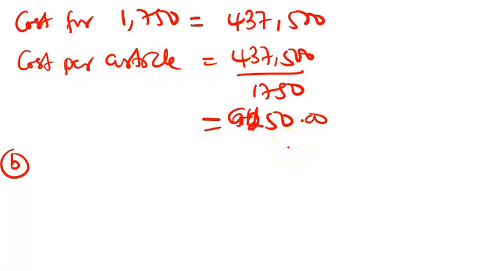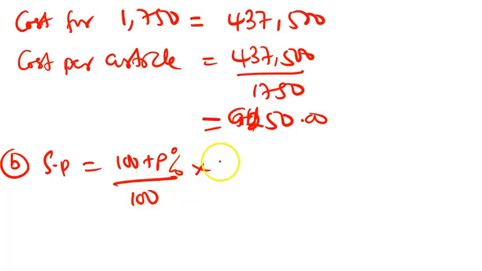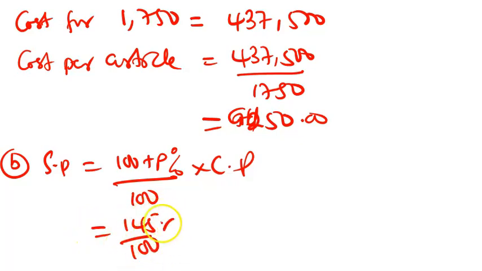Now we want the selling price if the profit is 45%, so we can use the formula. It is 100 plus profit percent over 100 times the cost price.